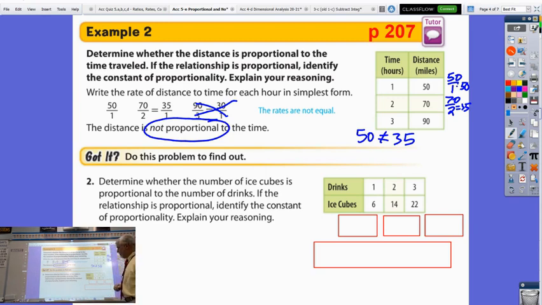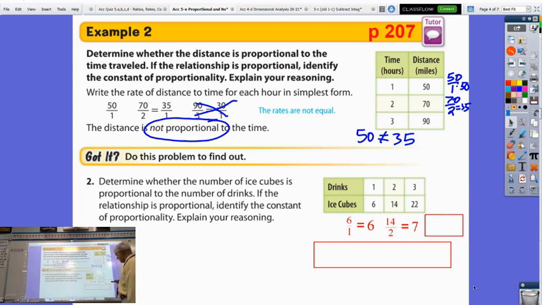Okay, I wonder what the answer is going to be for this one. Determine whether the number of ice cubes is proportional to the number of drinks. The work to show is ice cubes per drink, not drinks per ice cube. That's not a ratio that makes sense, right? We want ice cubes per drink. 6 divided by 1 is 6. 14 divided by 2 is 7.